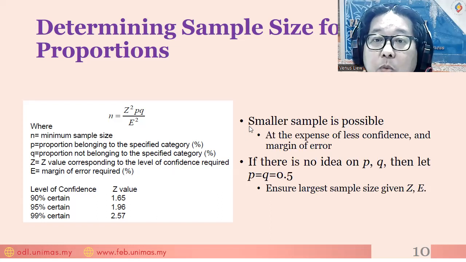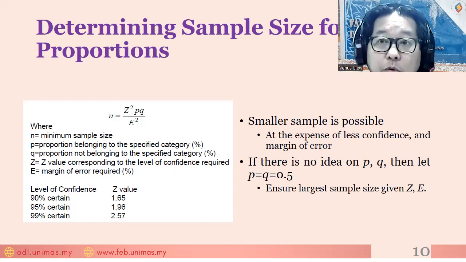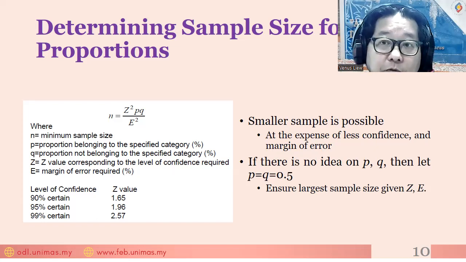So a smaller sample is possible at the expense of less confidence and larger margin of error, the same situation as just now. Sometimes we don't have the estimate of P or Q, the proportion belonging to a specific category. Then we just let it be 0.5. If P is 0.5, Q is also 0.5.